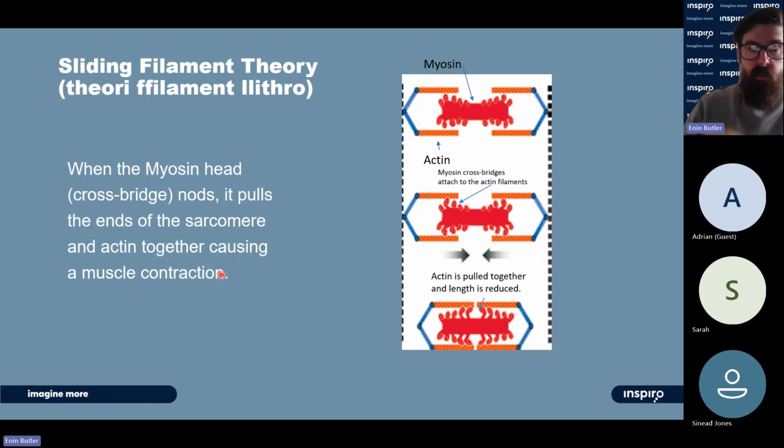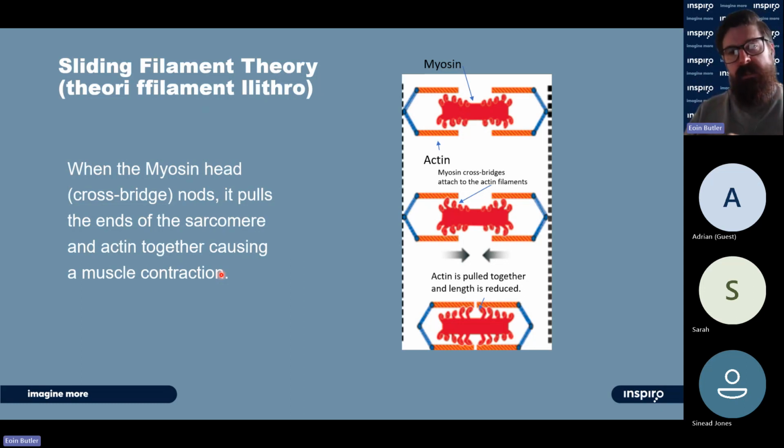So it creates movement, but what do we need to take on board for us to be able to continue muscle contractions? Okay, so energy is what's required. So we need energy for muscle contraction to occur, and we also need calcium for that to happen. Okay, so we need energy, we need calcium, and then the message being sent.